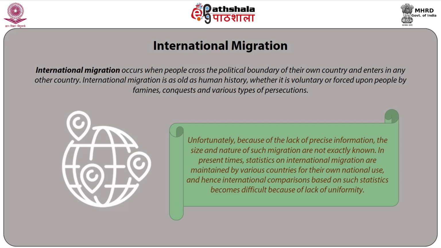International migration is as old as human history, whether it is voluntary or forced upon people by famines, conquests, and various types of persecutions. Unfortunately, because of the lack of precise information, the size and nature of such migration are not exactly known.